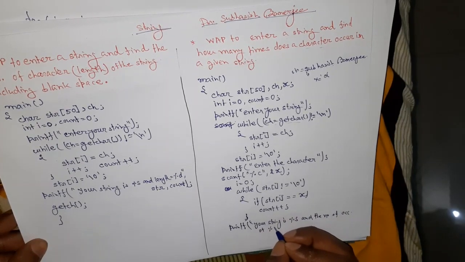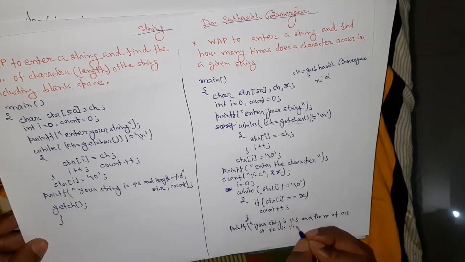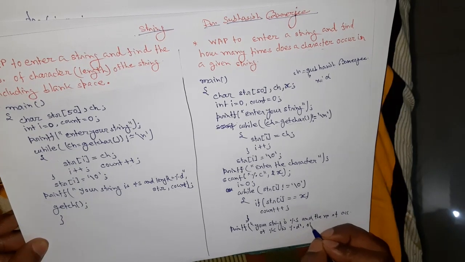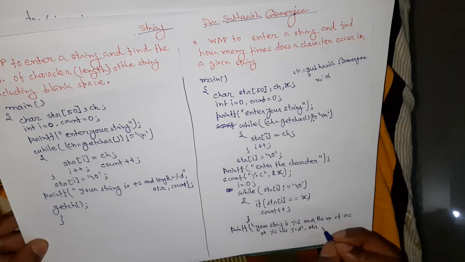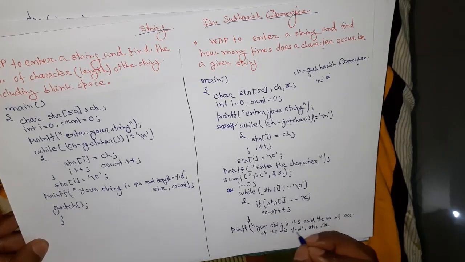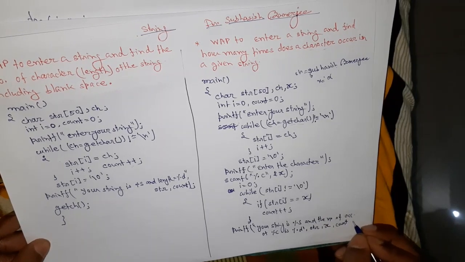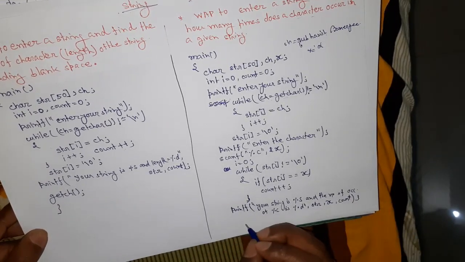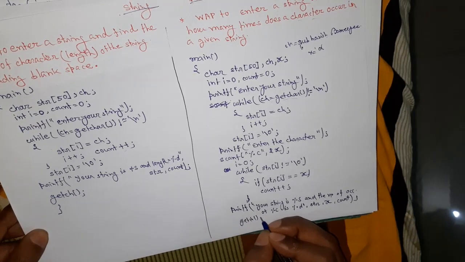So let's have %c is %d. %d will specify the count, how many times. So this %s is from this string str, this occurrence of %c means it is x, and this %d is nothing but your count. That's it. Here it will display the whole string, and at the end you simply use getch and close it.